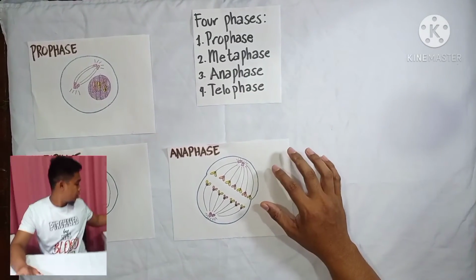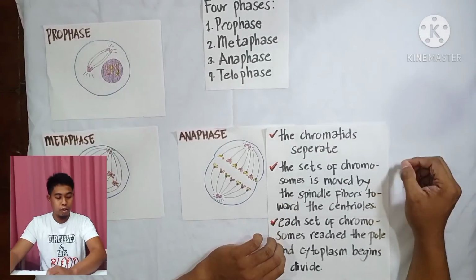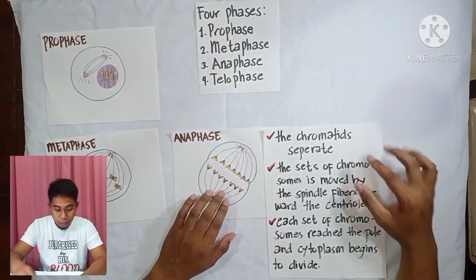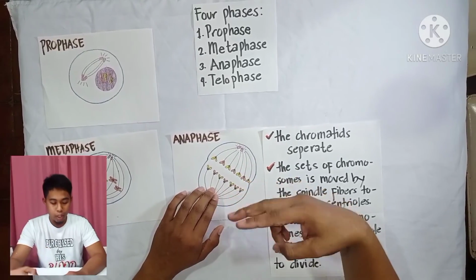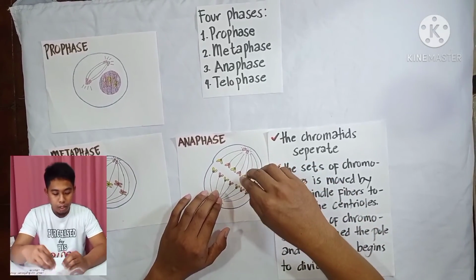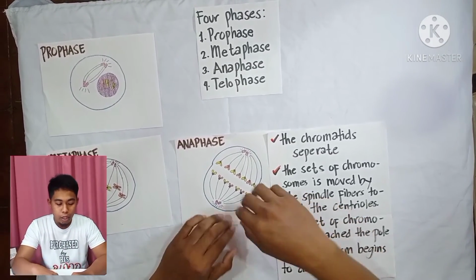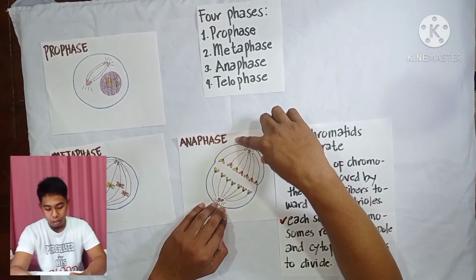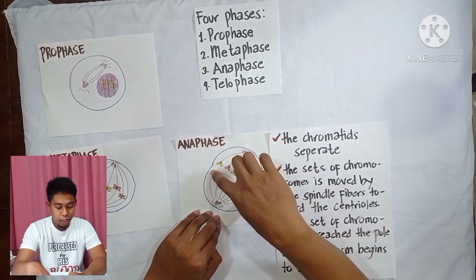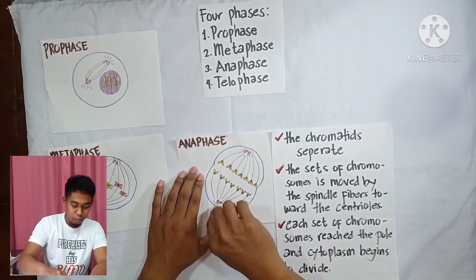During anaphase, the chromatids separate. Each chromosome is composed of two chromatids, so during anaphase those chromatids are separated: one set of chromatids goes to one side of the pole, and the other set goes to the other side.